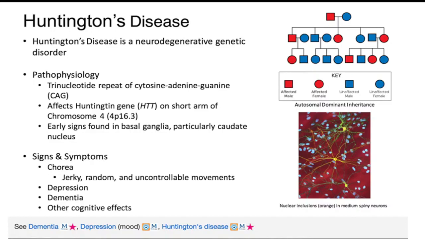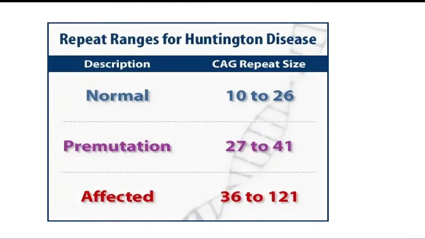It happens in the short arm of chromosome number 4. This is an autosomal dominant disease. So, in affected people, the number of repeats increases from 36 to 121, and the normal number of repeats is from 10 to 26.